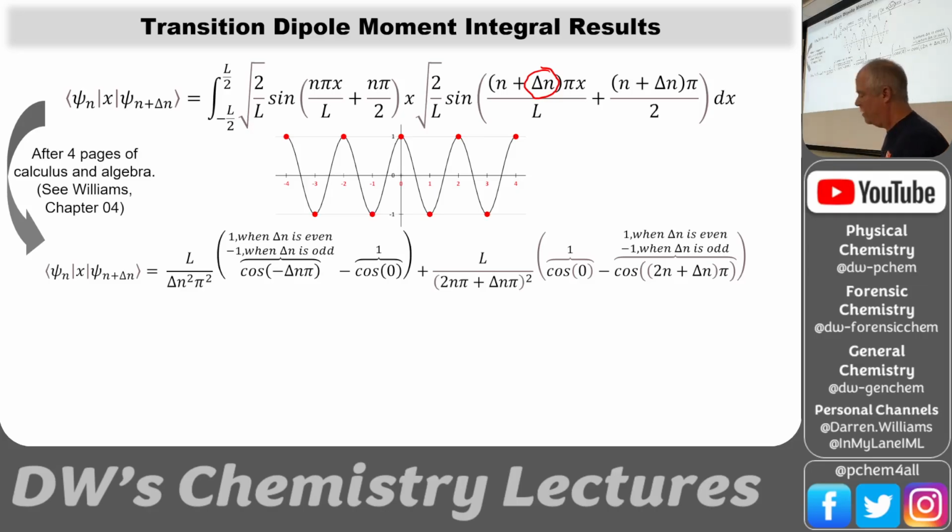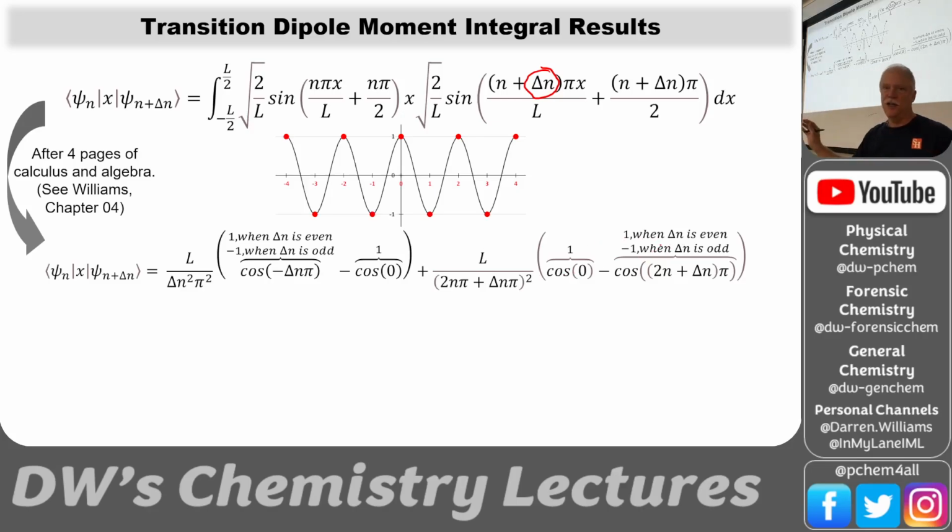Well, if it ends up being +1s, when delta n is even, so for changes of delta n equals 0 or 2 or 4, then this piece right here gives us a +1, and then this is a minus sign, and that's a +1, so this term goes to 0. And then the same over here, whenever it's even, this term is +1, and so 1 minus 1 is 0, so the whole thing evaporates.